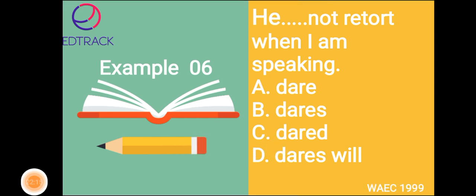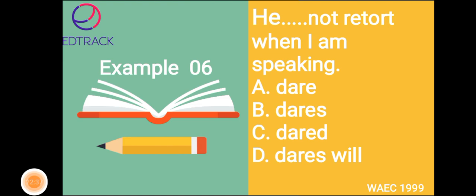Alright, so example number 6. He dash not retort when I am speaking. What is our answer here? This one is the most straightforward among all the questions we have come across so far.